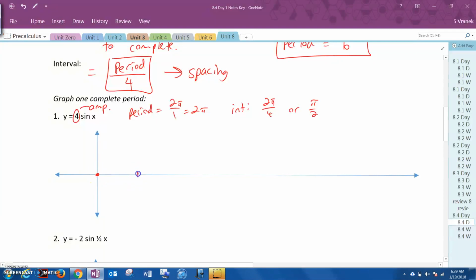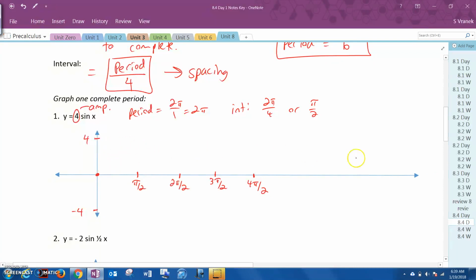So we're at 0, pi over 2, 2 pi over 2, 3 pi over 2, and 4 pi over 2, which is 2 pi. So do you see how it goes up by pi over 2? It's just that up above we simplified this one and this one. The only difference here is the height of the curve goes up to 4 and down to negative 4.